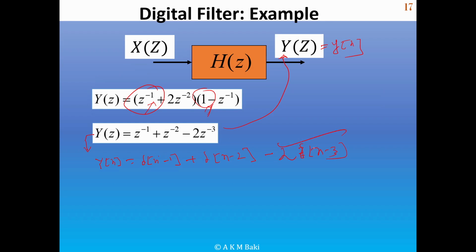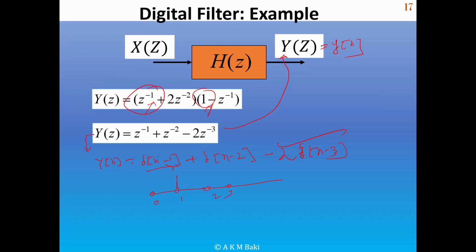Okay, this was the answer. You can also do the plotting. Here we see there is a delay. So instant 0, let me do some indexing to make it easier: 0, 1, 2, 3. At 0 there is no information; the first information is displayed or plotted here.